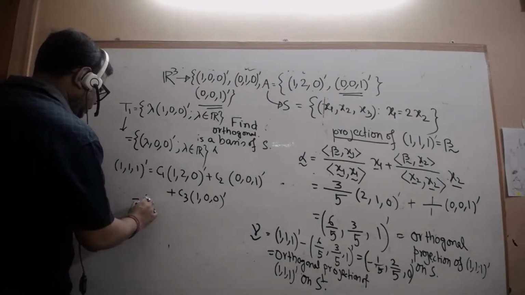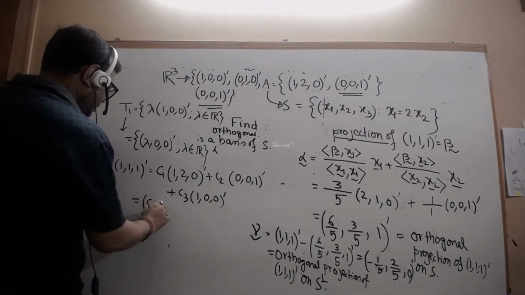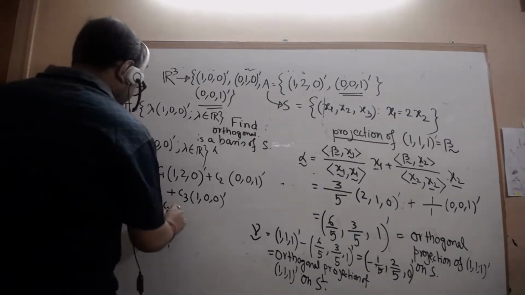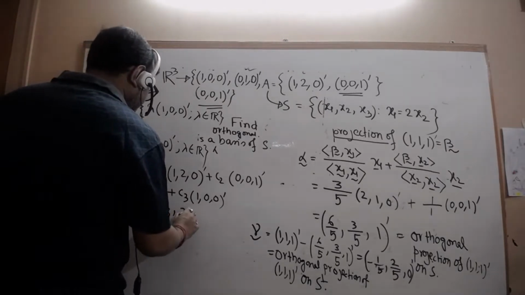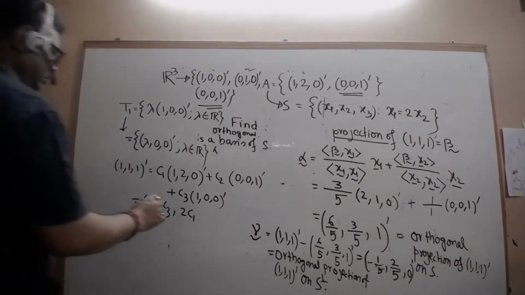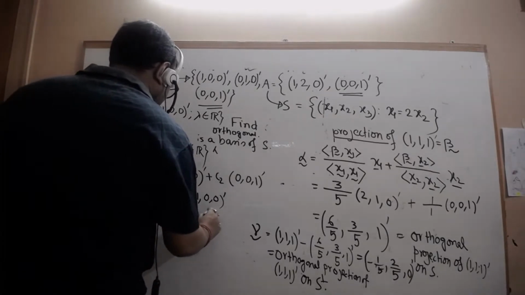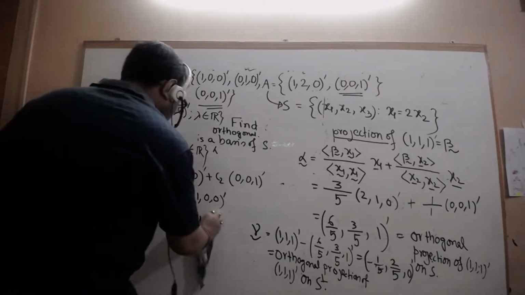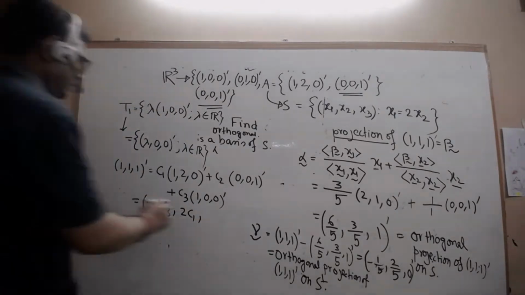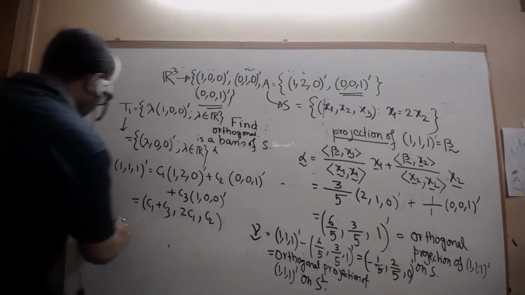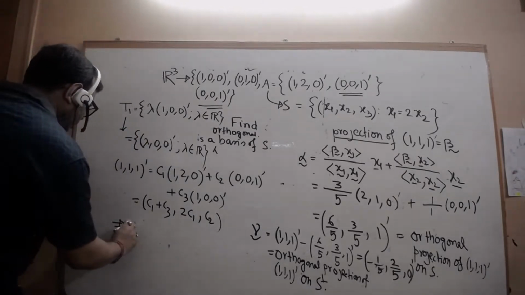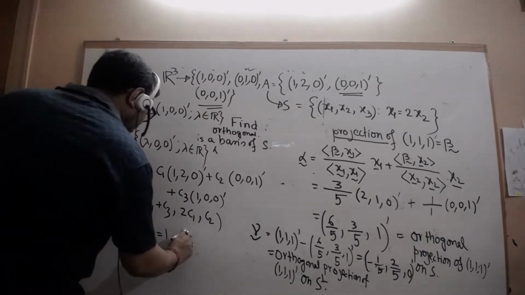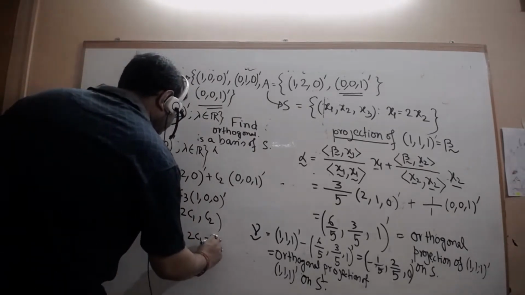So this is C1 plus C3, 2C1, and C2. This means C1 plus C3 equals 1, 2C1 equals 1.